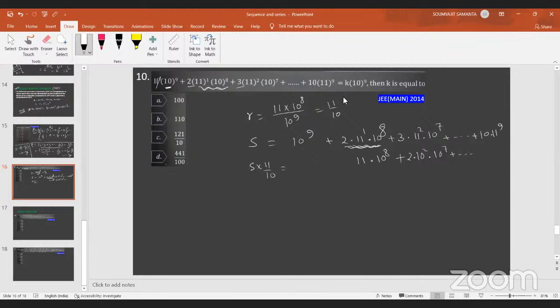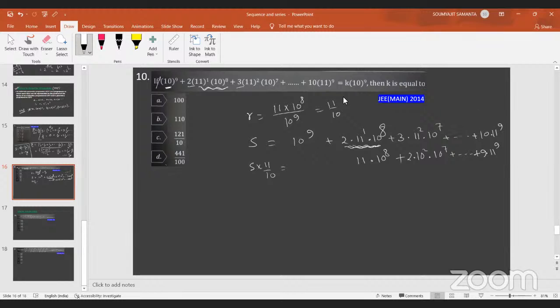What will become the second last term? 9 into 11 power 9, because previous to this is nothing but 9 into 10 into 11 power 8, next to this term.